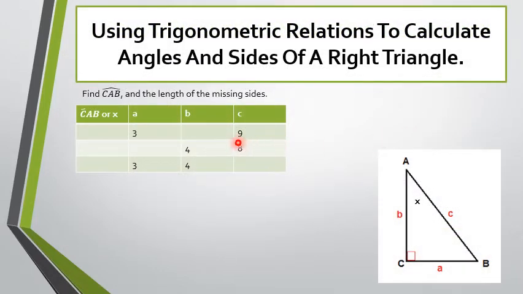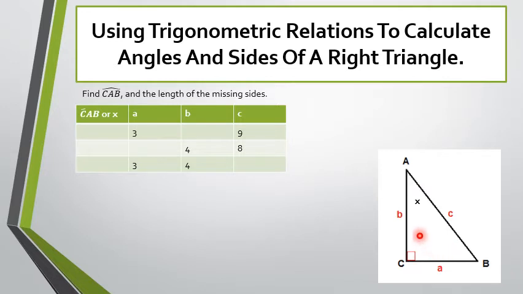Now we're going to take an example, this table. Find the angle CAB and the length of the missing sides using the trigonometric relations of a right triangle that we have recalled now. First, we have to observe this triangle ACB.